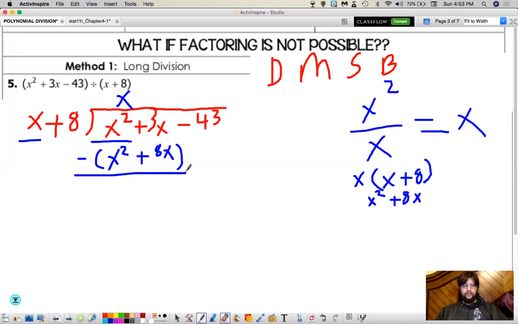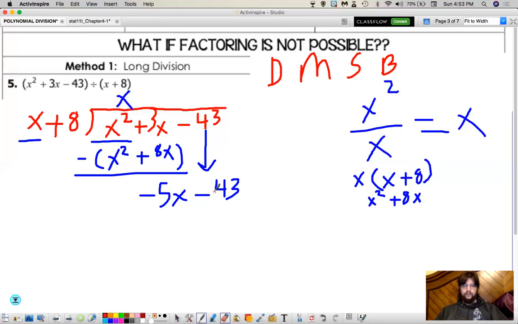Now, you could distribute that negative if you need to, or you can just read it in your head. Whatever you got to do, you got to do. x squared minus x squared is nothing. I'm not going to write it. 3x minus 8x is negative 5x. We did the subtraction. Now we need to bring down negative 43.